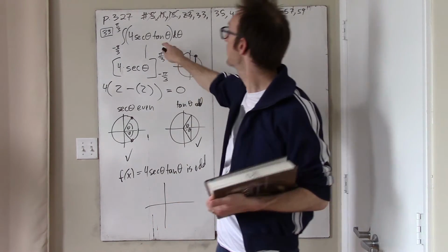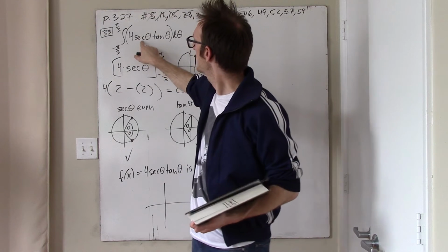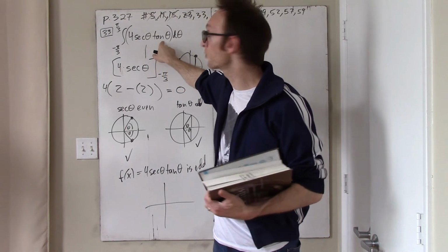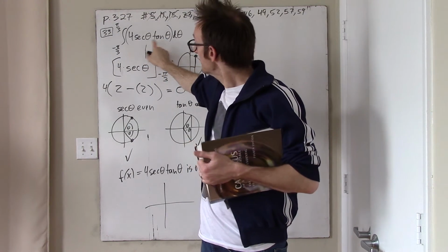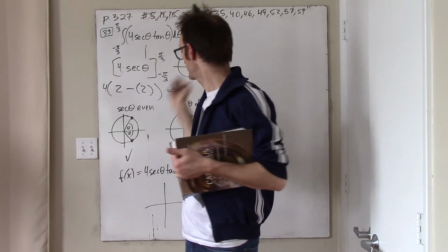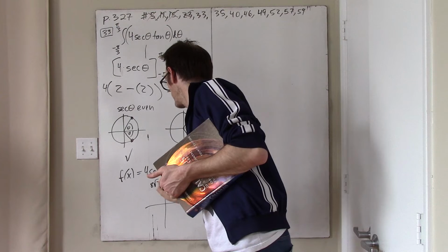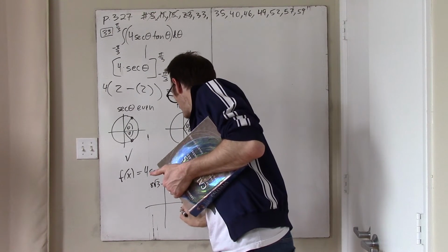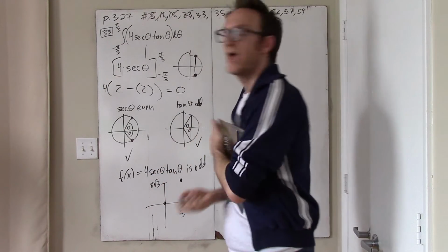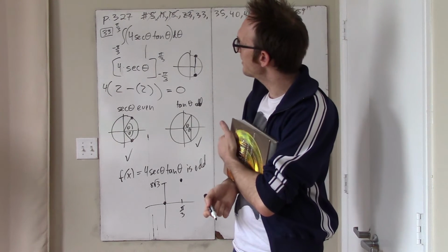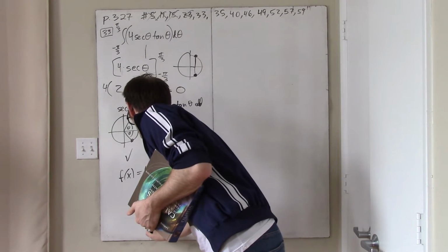I guess we could even just do it, right? If you plug in pi over 3, what do you get here? Tan of pi over 3 is root 3. And secant of pi over 3 we said was 2, so you just get like 8 root 3, right? Up here, oh man, this is way too long of a video. And when you plug in negative pi over 3, you're going to get negative 8 root 3.